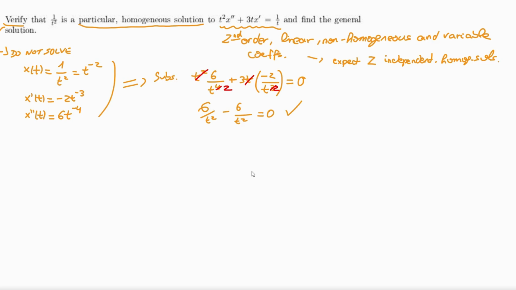So in math, it's important to be smart, be efficient, and consider the differential equation, look for patterns. I will rewrite it. So t squared x double prime plus 3t x prime equals 1 over t.